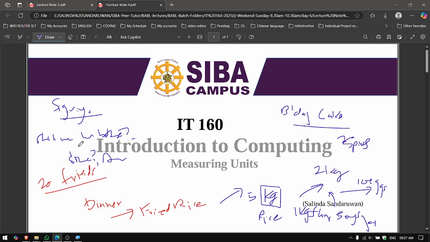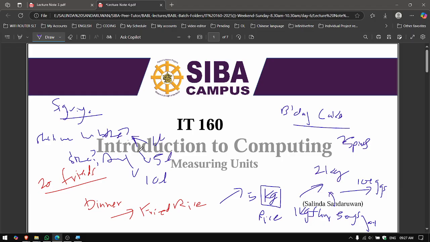So Miss Lakshani will reply, I need 1 liter of water bottle, I need 5 liters, I need 10 liters. One bottle of 10 liters, one bottle of 5 liters, one bottle of 1 liter. So here we are using the measuring units.